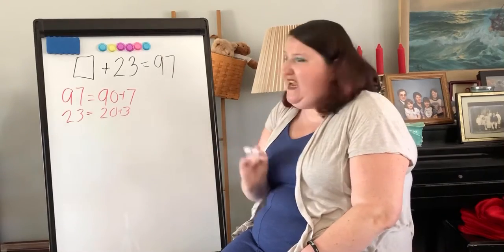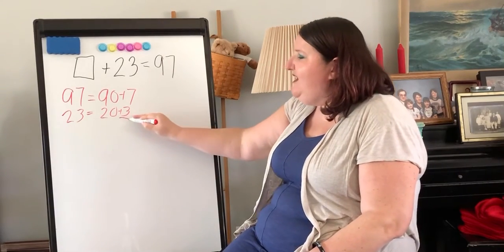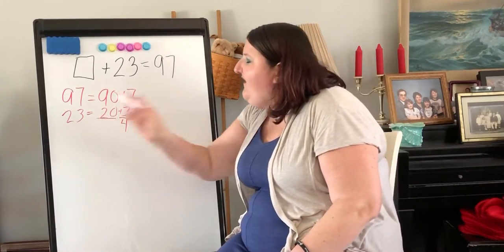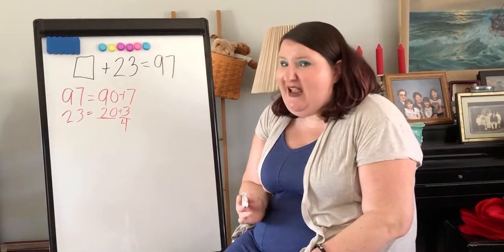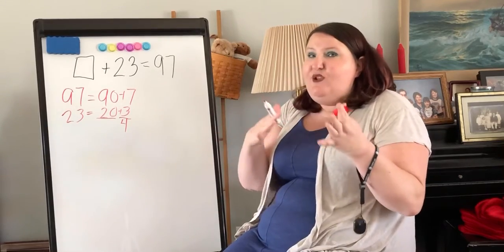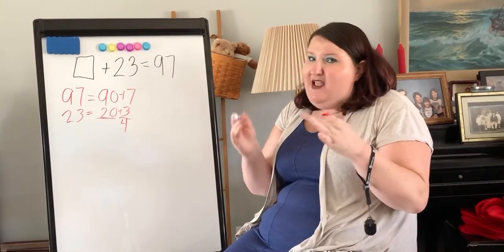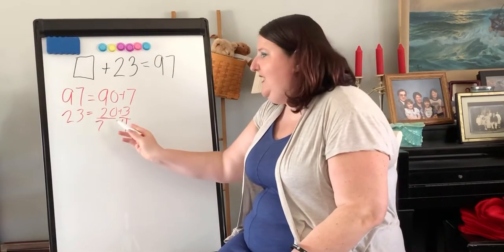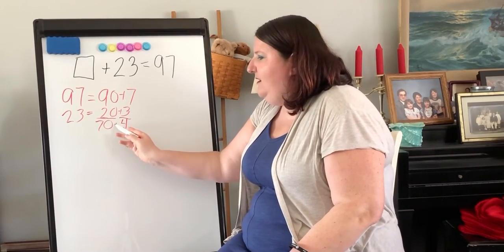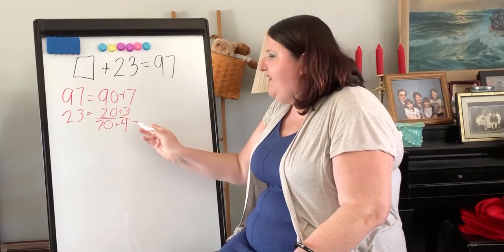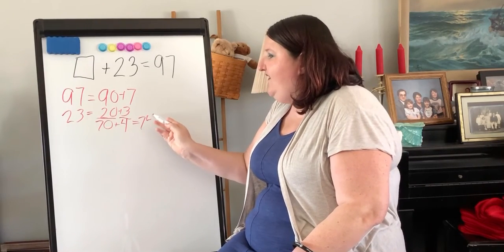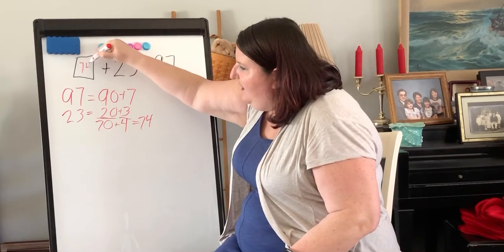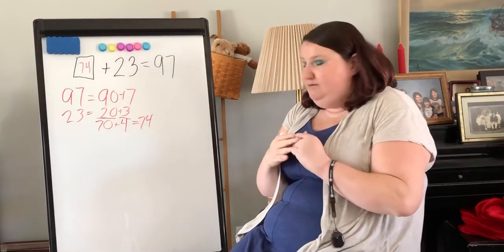If I have 7 and I take 3 out of it, I am left with 4. If I have 90 and I take 20 out of it, remember 90 is 9 tens, 20 is 2 tens. So 9 tens minus 2 tens is 7 tens. Then we just need to put this back together. 70 and 4 is 74. So our missing unknown start is 74.